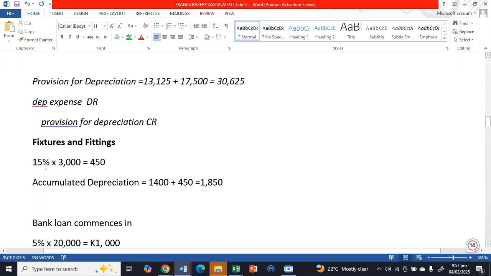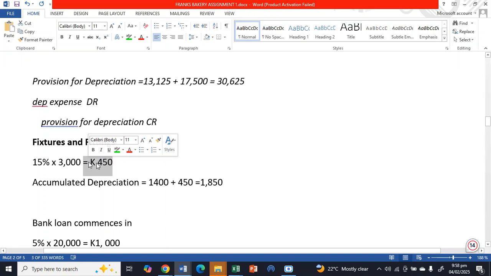That's 450 kwacha. So just like we did for the equipment, this 450 kwacha is going to go in the statement of profit or loss.